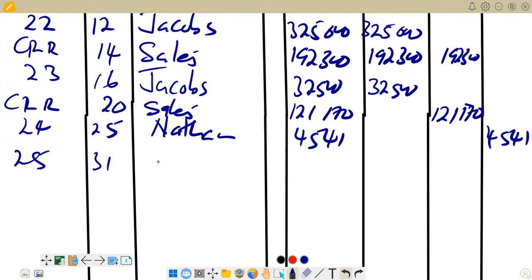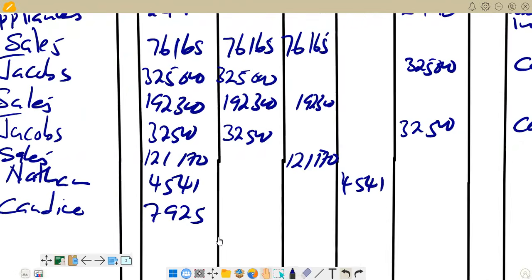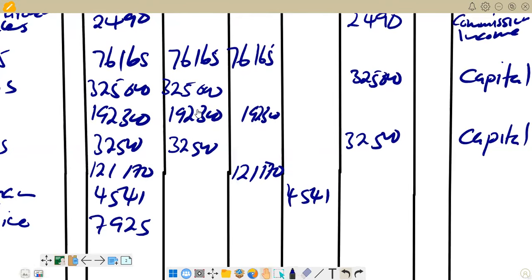For the details we are going to write Candice. And then the amount is 7,925. And remember, we're saying rent income, so it's going to go under sundry account. So it's going to come there, 7,925 here, and we are saying it's rent income. Then you can just check what we have next.